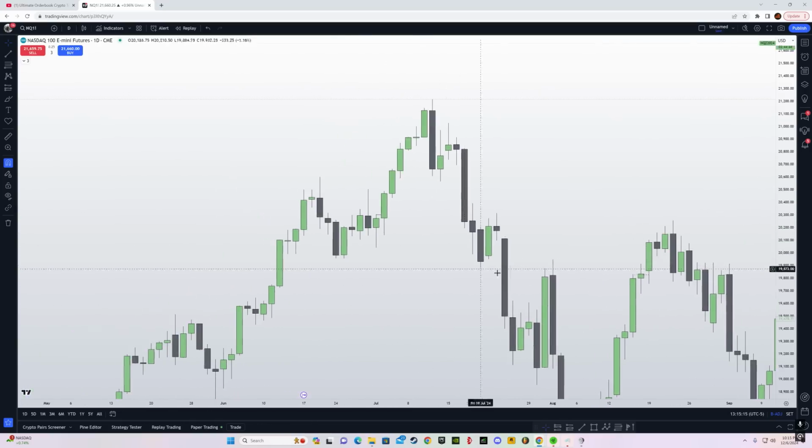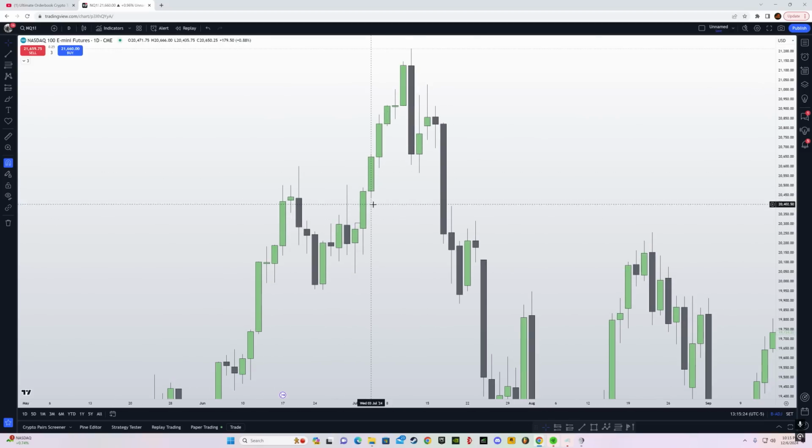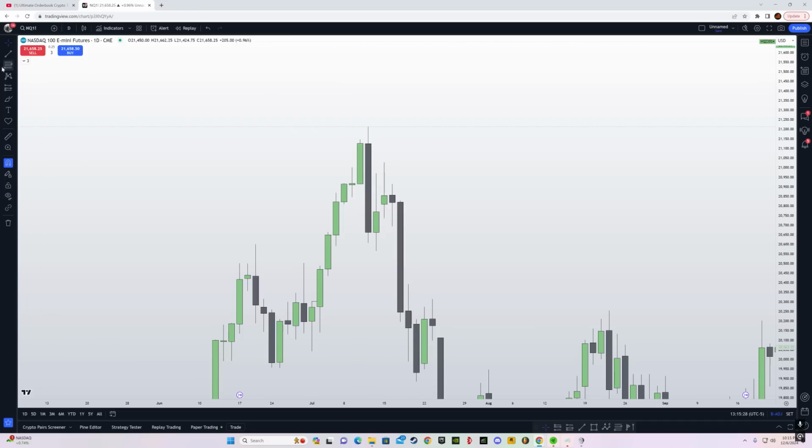What happened with these 2 candles? When this candle closed, the second day closed above it. So the third day, which is this, is going to be bullish. Let's say that this is the first candle, this is the second candle. We see that the second candle right here closed above the previous candle high. So the bias for the third day, which is this, is going to be bullish. 1, 2, 3.